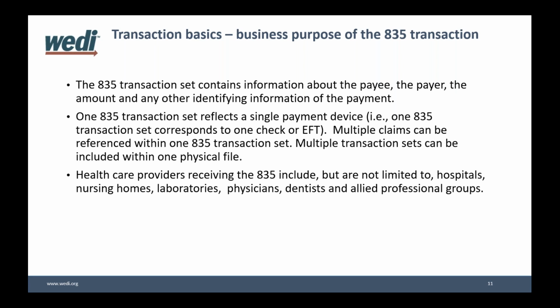In other words, one 835 corresponds to one check or EFT. Now, within an 835, multiple claims can be held. Multiple transaction sets can also be included within one physical file. Healthcare providers receiving the 835 can be from large to small, can be hospitals, labs, nursing homes, doctors, dentists, and any kind of provider in the professional groups.